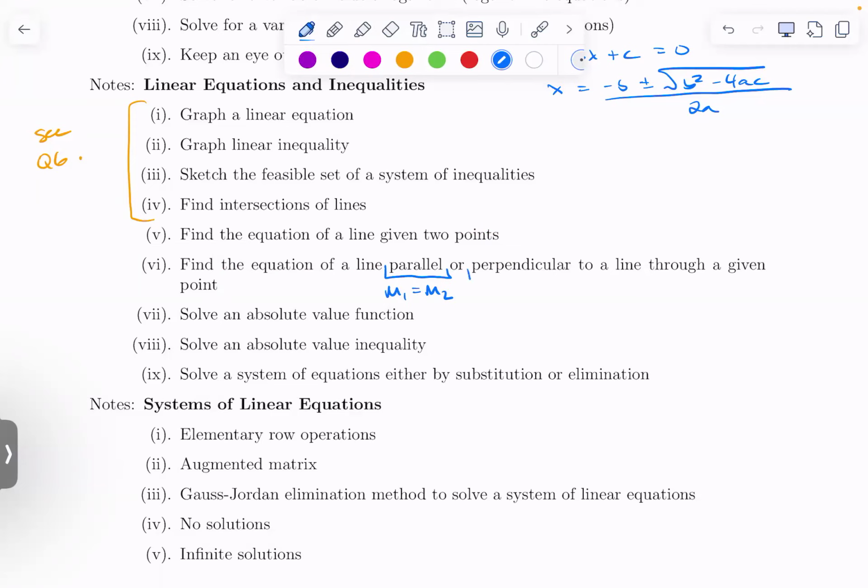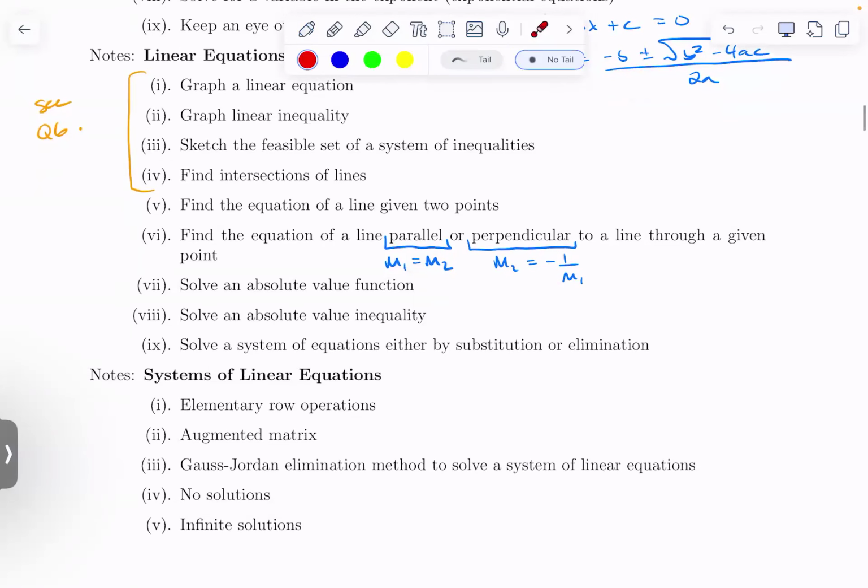Neither is this: if they're perpendicular, M2, the second slope, is going to be -1 over M1. That one might be a little bit trickier to remember, but M1 times M2 has to be -1. So you have to memorize those, I guess.